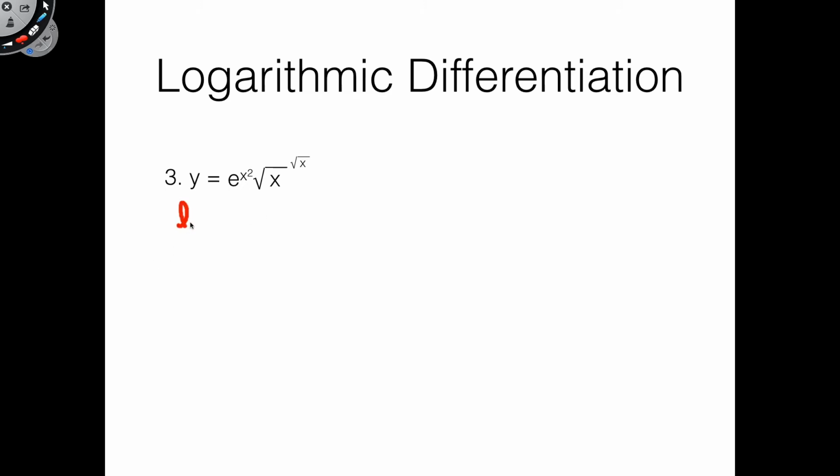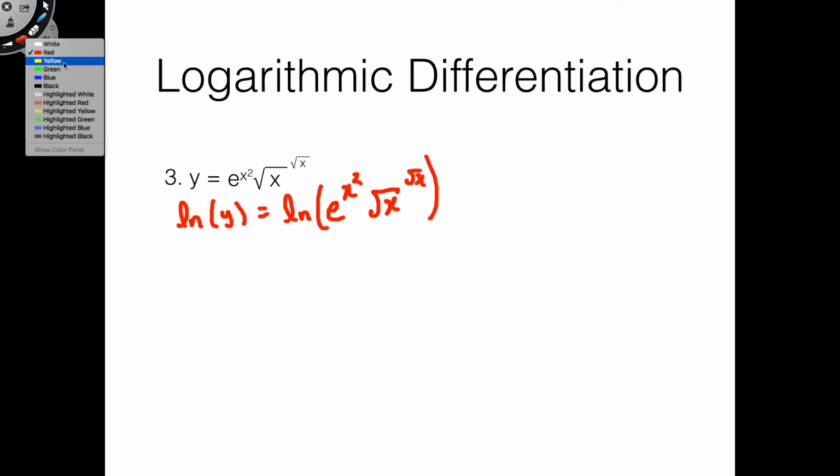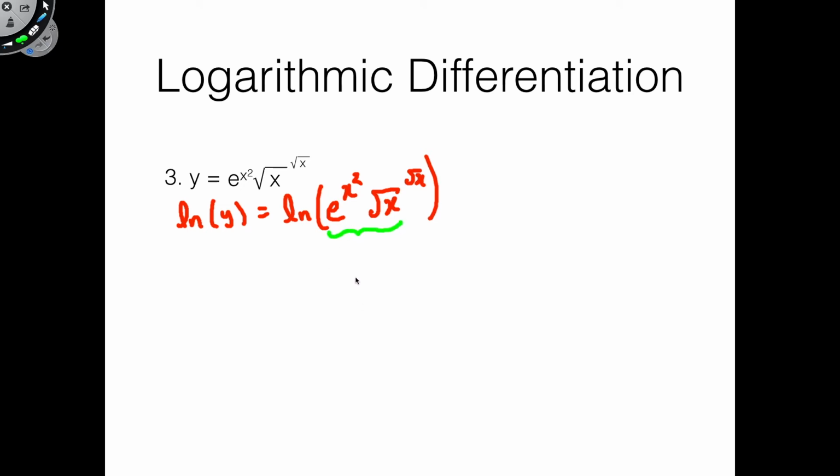So again, the first step is the same as always, just take the natural log of both sides, is ln of e to the x squared root x to the x. Alright, and now let's just go ahead and see what we can simplify. So again, I see a product over there, so I'm going to split that up into a sum of logs, and then of course we've got our exponents up there, so I'm going to bring those down as well.